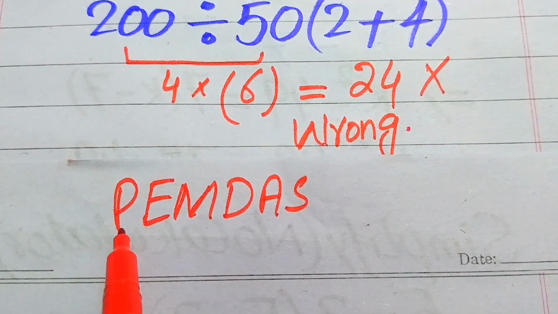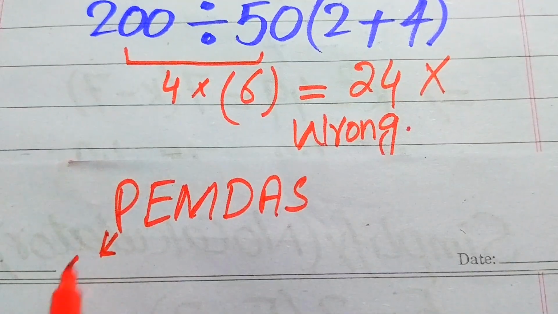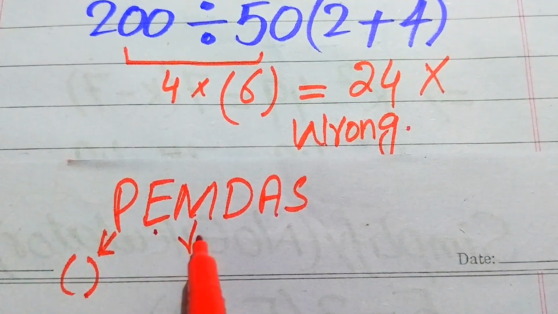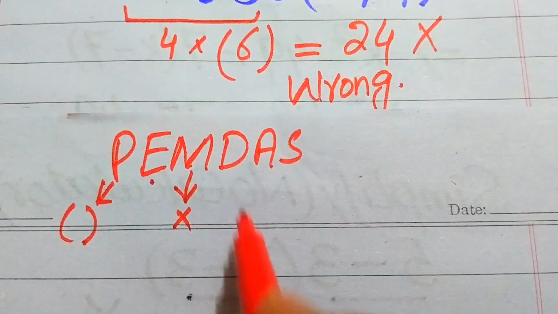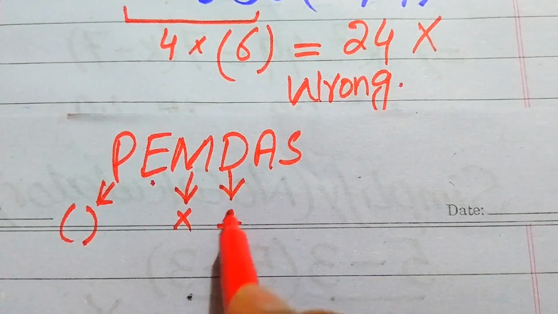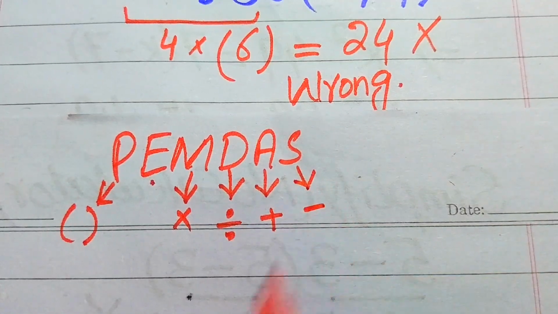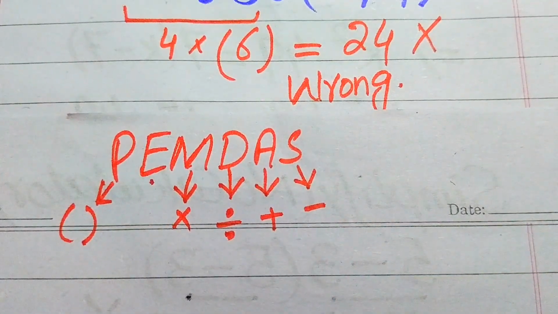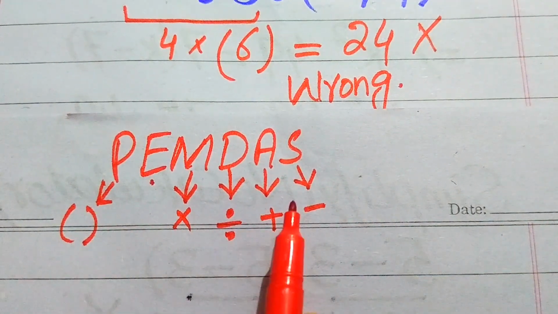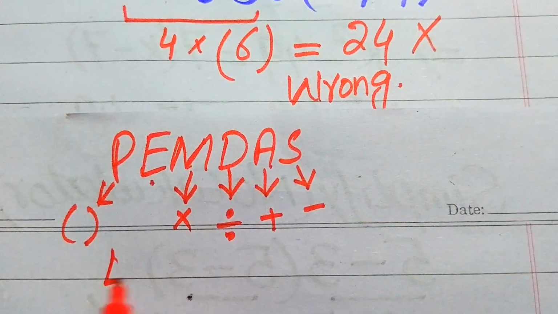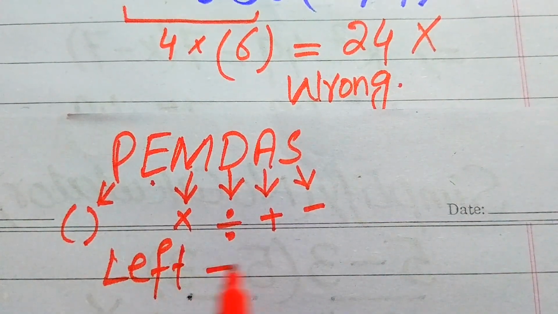P stands for parentheses, E stands for exponent, M stands for multiply, D stands for division, A stands for addition, and S stands for subtraction. So we can solve the problem according to this rule, from left side to right side.